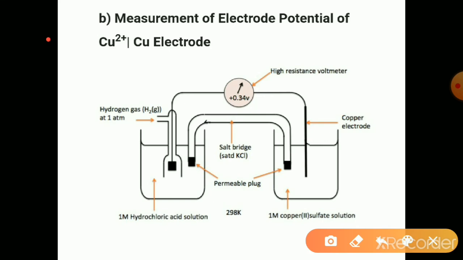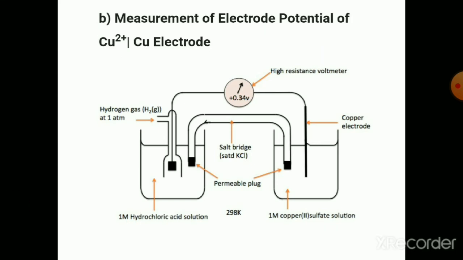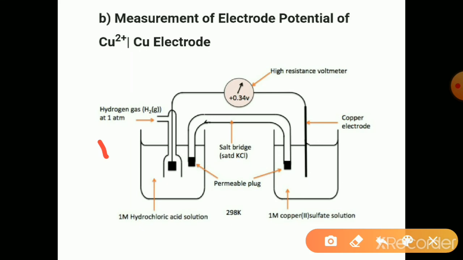Similarly, we can determine the standard potential of copper electrode. Here SHE is connected as the left half and copper is connected as the right half. Internally and externally the circuit is completed.